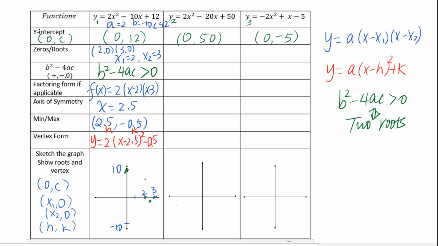Then connect these 4 points to sketch the graph. Don't forget to draw the axis of symmetry, x equals 2.5. So the minimum point is 2.5, negative 0.5.